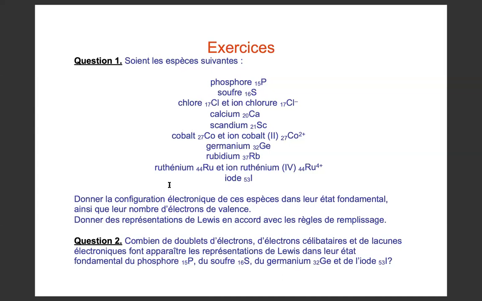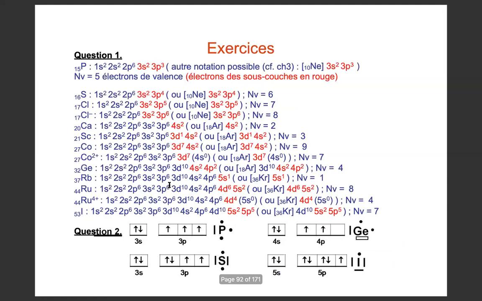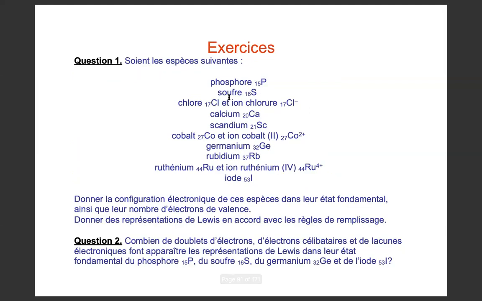It says, donner la configuration électronique des espèces dans l'état fondamental, ainsi que le nombre d'électrons de valence. So if they say that, this is where we come in with the noble gas configuration. They also want us to find the number of electrons in the valence.